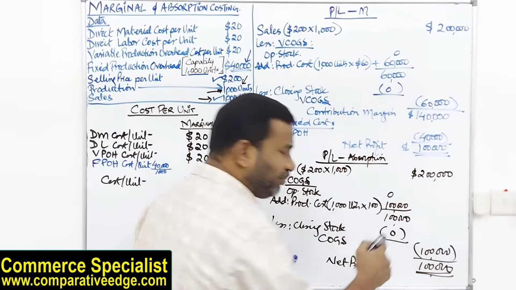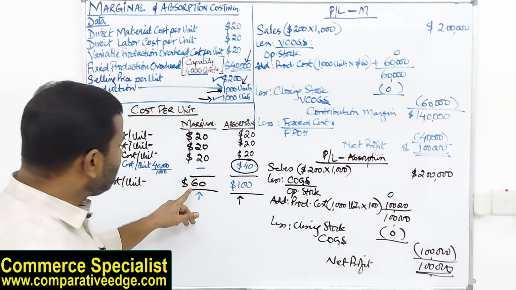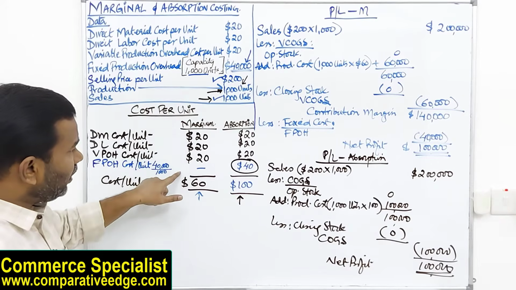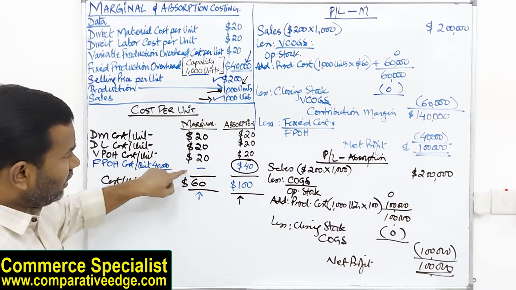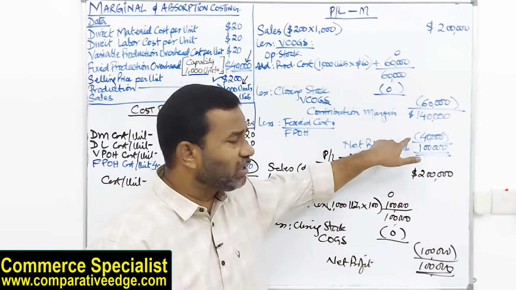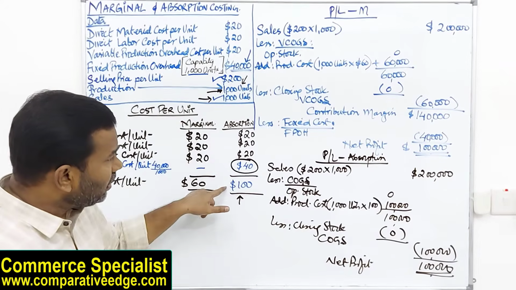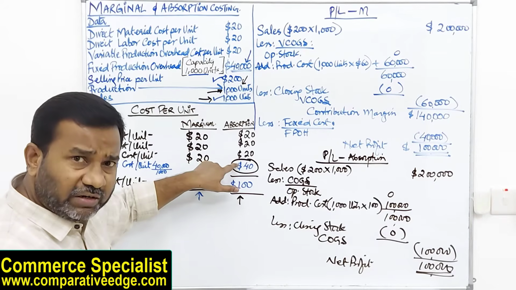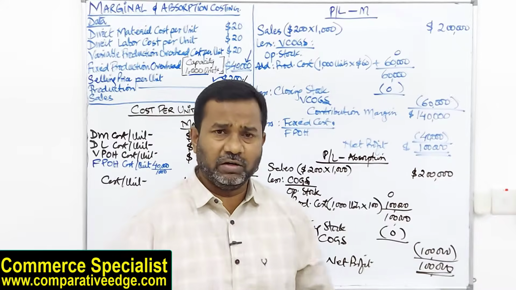That's the reason I'm not subtracting it here. But in marginal costing, when I calculated cost per unit, I only took the variable cost: direct material, direct labor, variable production overhead. Fixed production overhead was not in the cost per unit. That's why I subtracted it there. But under absorption costing, while we are calculating cost per unit, fixed production overhead is already included. That's why we don't subtract it here.